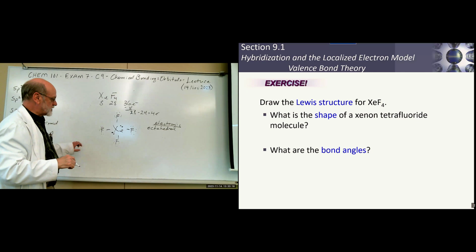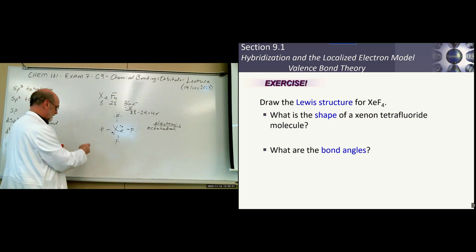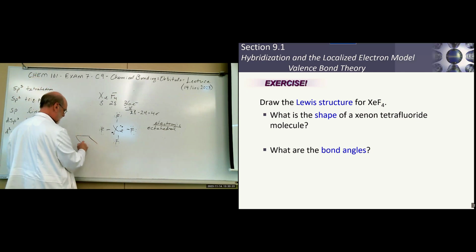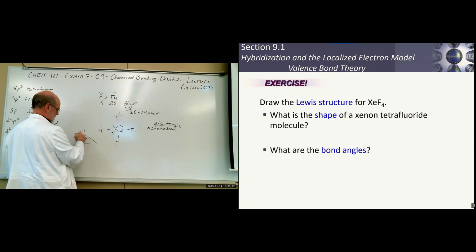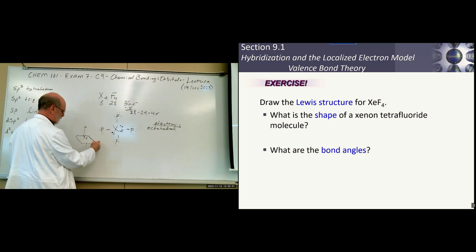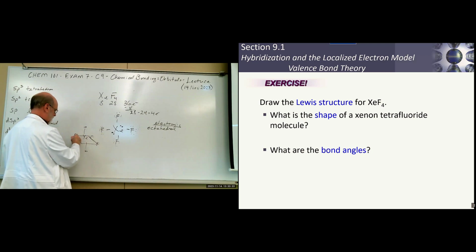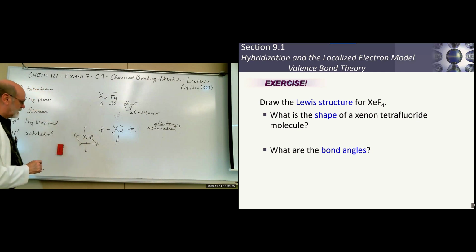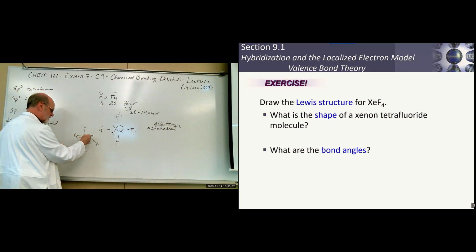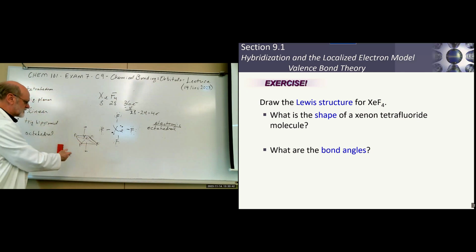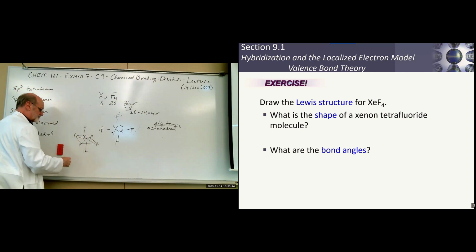Okay, and we know this is going to be square planar. Xenon in the middle. It's going to have a lone pair up here, a lone pair down here, and fluorine on the square. So the bonds are going to be like this, this, this, and this. Well, that's not a bond, that's a lone pair.